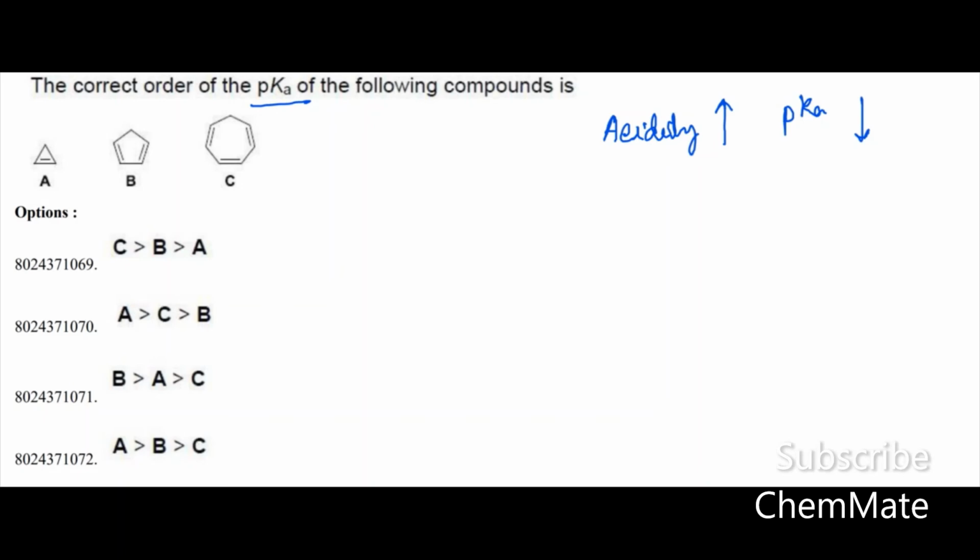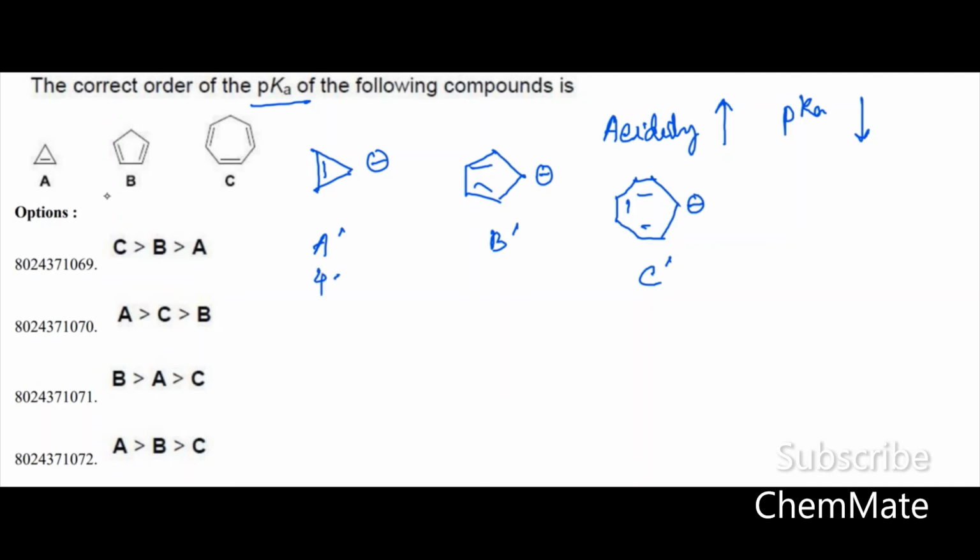Now between these three compounds, if we take the conjugate bases of these three, this is A prime, this is B prime, and this is C prime, the conjugate bases of A, B and C. Now A prime, this is a 4-pi electron system, cyclic planar conjugated, so this is an anti-aromatic anion, whereas B prime is a 6-pi electron system, cyclic planar conjugated, so this is an aromatic anion.